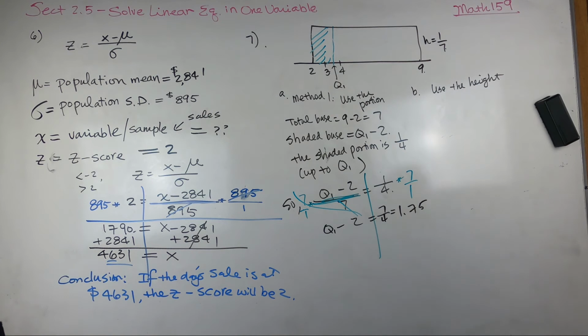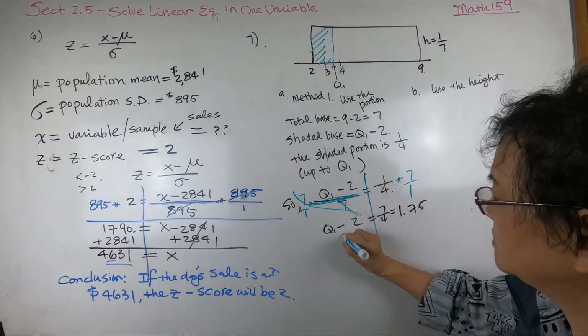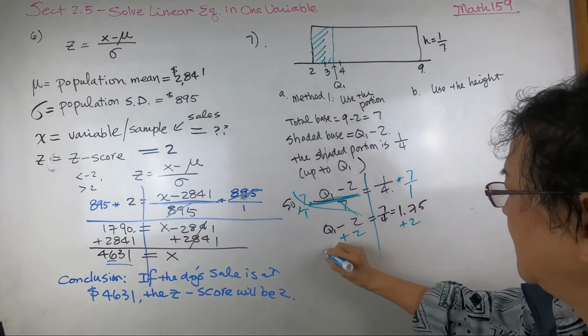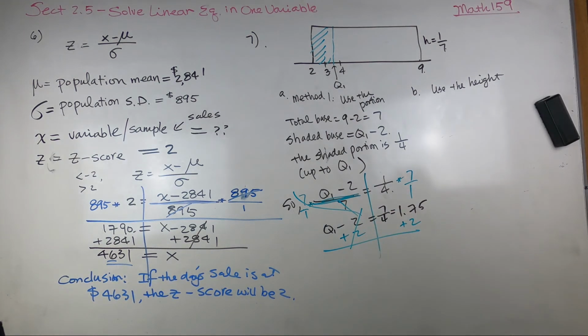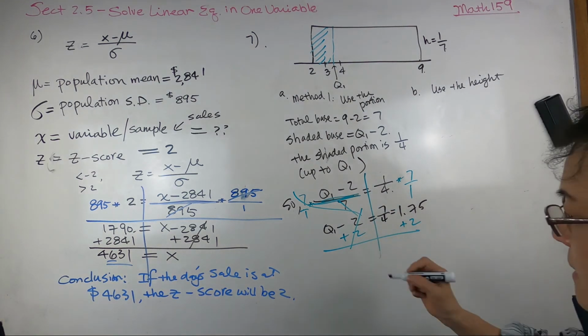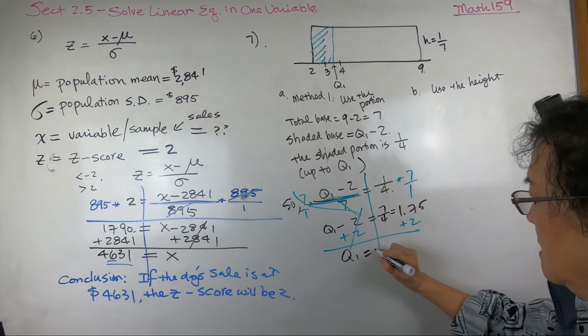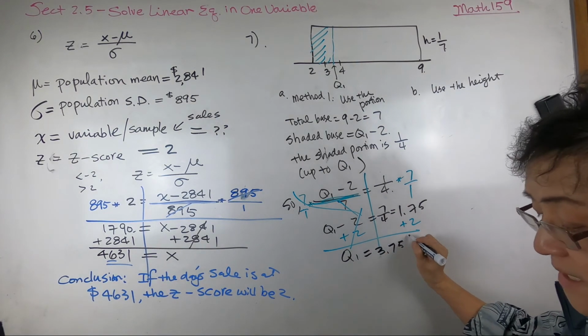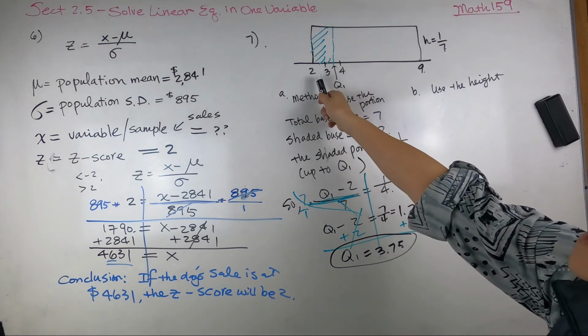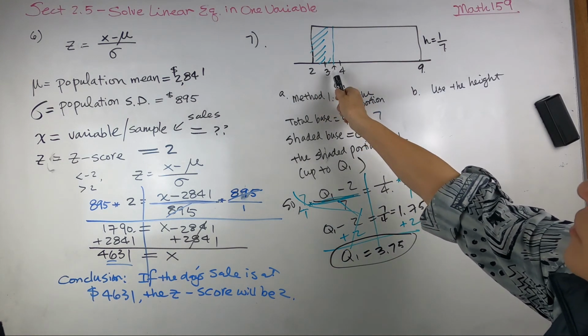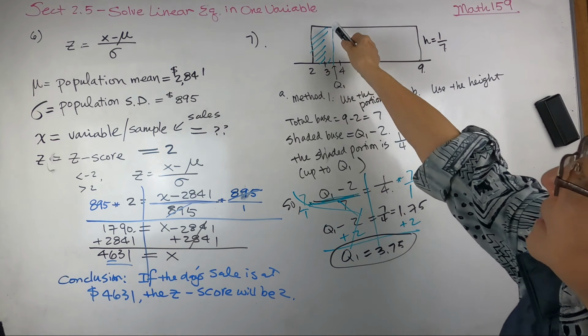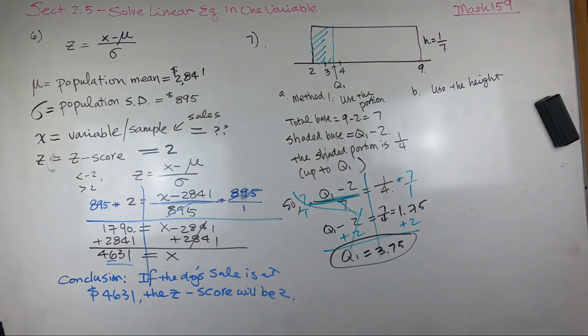Then what is your Q1? You add 2, and you cancel this out. So what's your Q1? Q1 is 3.75. That's how you find it: from 2 to 3.75, this shaded area would be a quarter of the whole thing. So that would be your first quarter of the area, the first quartile.